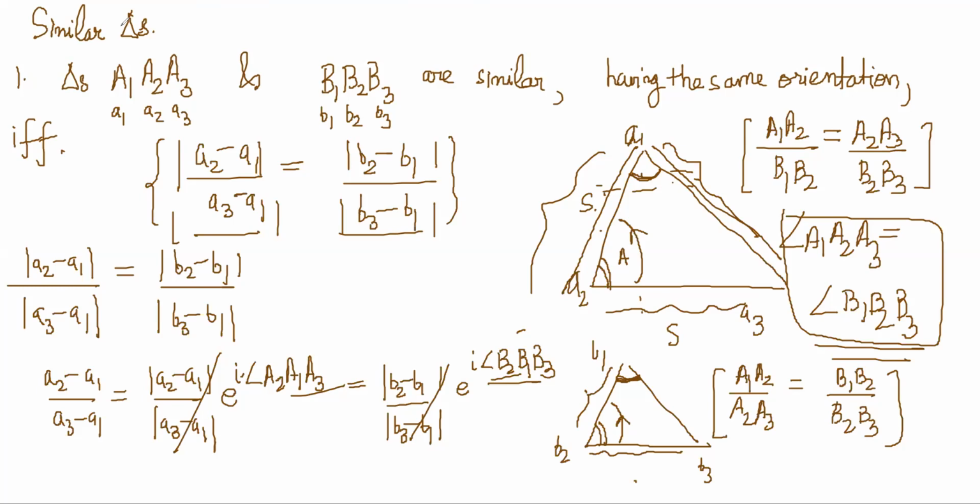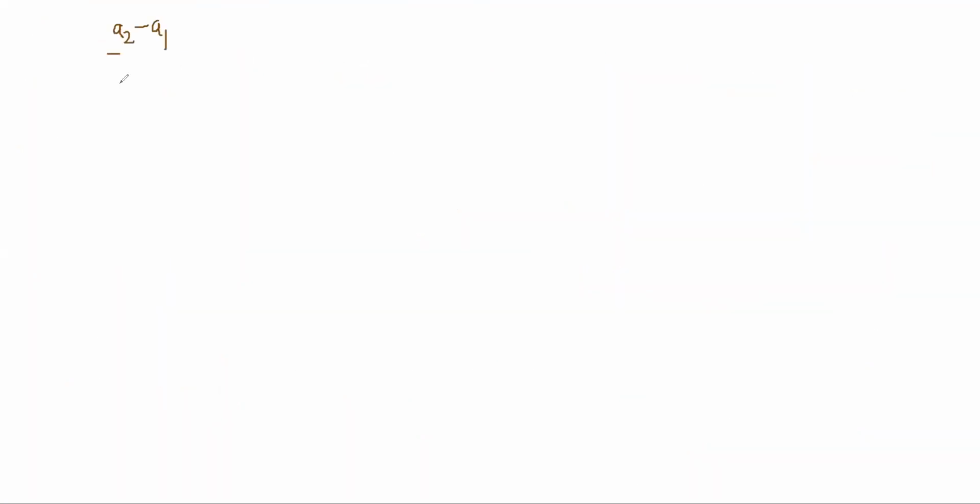Are you understanding what I'm saying? Because (A2 minus A1) by (A3 minus A1) is equal to (B2 minus B1) by (B3 minus B1), the sides are in ratio and the angles are also the same.